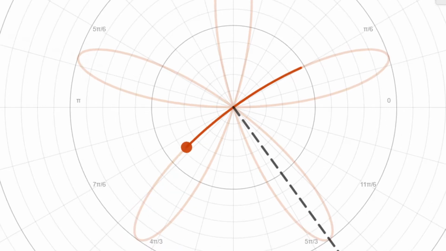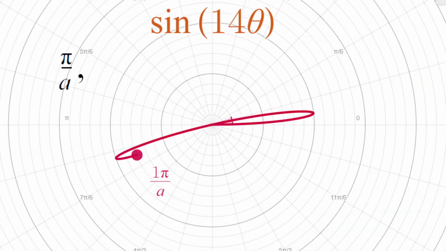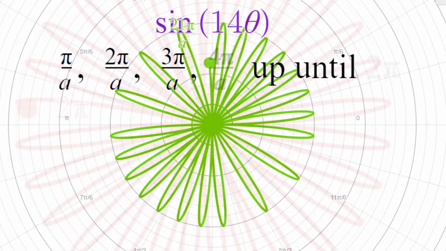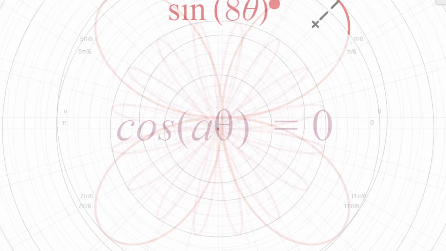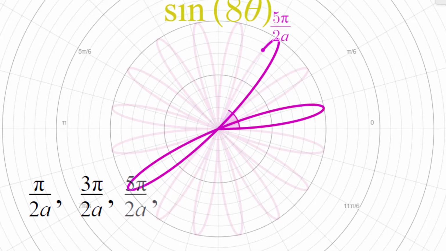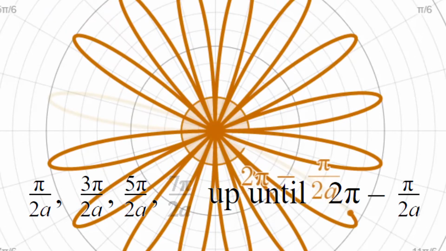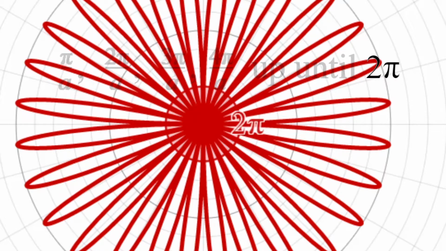And so, with the help of the visual, the corresponding solutions of sine a theta equals 0 would be pi over a, 2 pi over a, 3 pi over a, up until 2 pi. And then for cosine a theta equals 0, those will be in between the sine solutions, so they would be pi over 2a, 3 pi over 2a, 5 pi over 2a, up until 2 pi minus pi over 2a, because sine already occupies 2 pi.